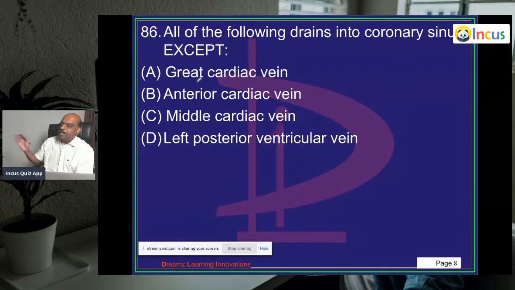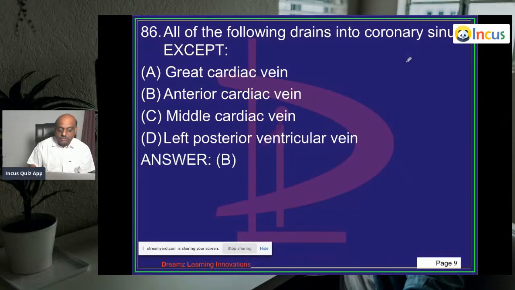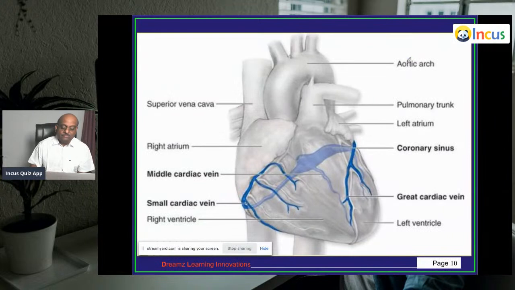Now the venous drainage of the heart is another favorite topic of the examiner. What drains into coronary sinus? Everything drains into coronary sinus except anterior cardiac vein. So there is a middle cardiac vein, there is a small cardiac vein, there is a great cardiac vein.